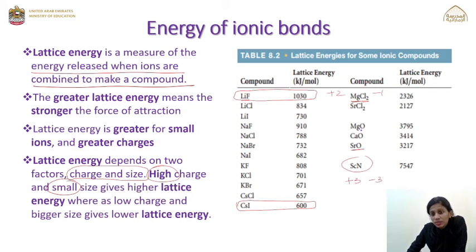So now you can see that the lattice energy of ScN is more when compared to MgCl2. Why? Because they have higher charges when compared to MgCl2. So the factors are: size should be small and charge should be large. If these two factors are seen, then you can consider that the lattice energy is higher or the bond is stronger.